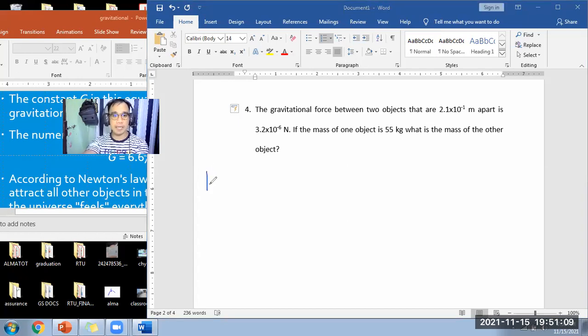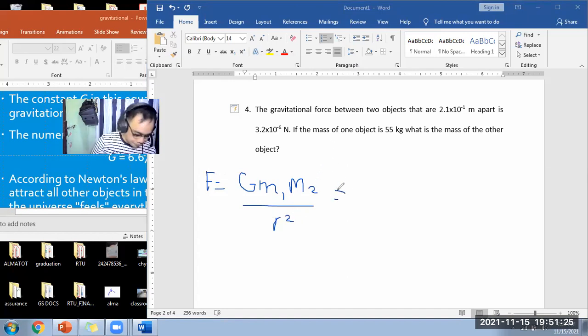So ang formula natin, di ba, F equals G, sabihin natin mass 1, we have mass 2, over R squared. So meron tayong gravitational force, may mass 1 tayo, may Newton tayo, may force.